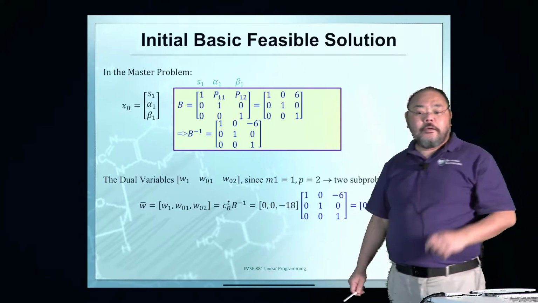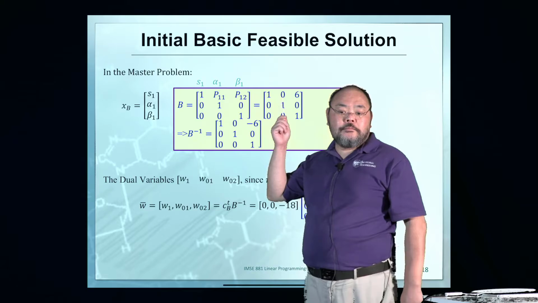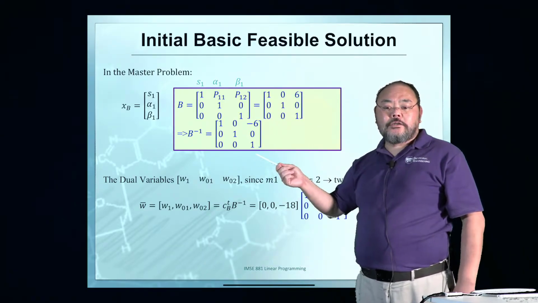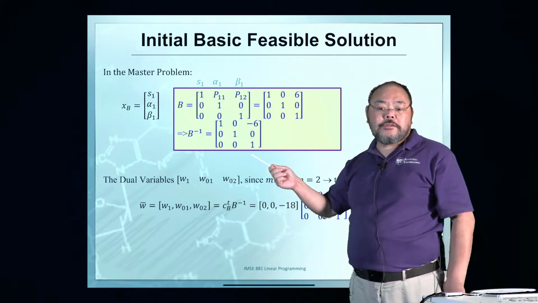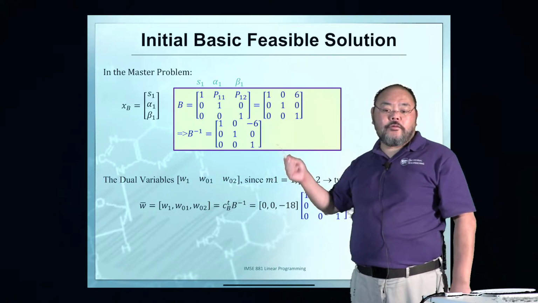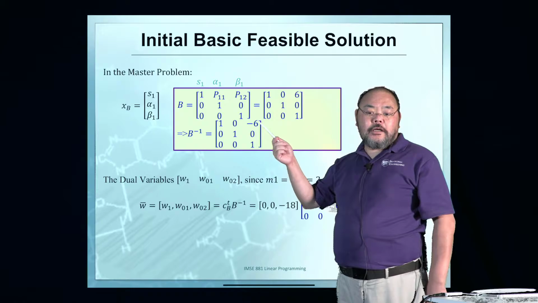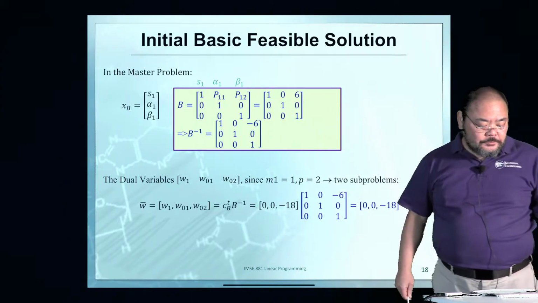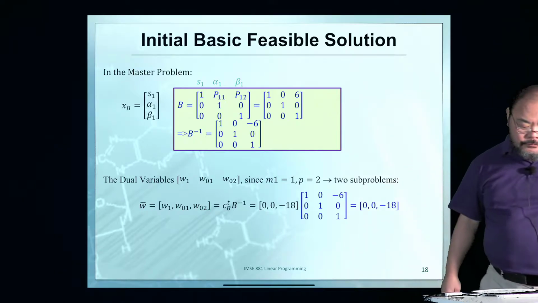Once we have this, this is my B matrix. I can calculate the corresponding B inverse matrix. Fairly straightforward. Negative 6 on the upper right corner. So now we can calculate our dual variable.